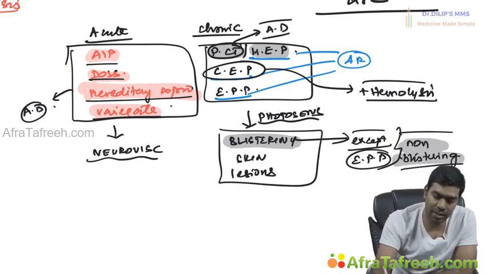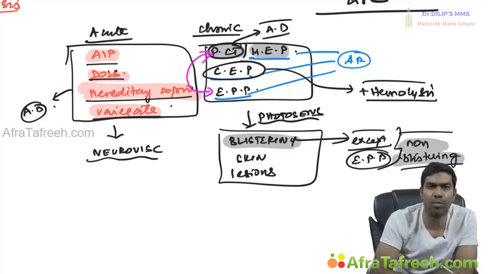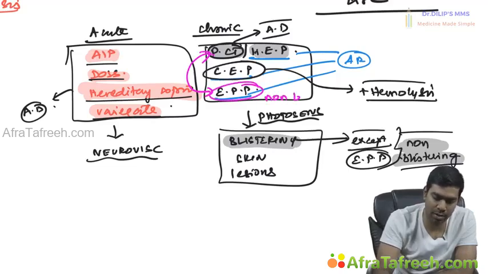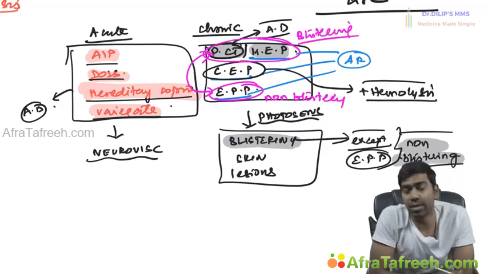But how will you differentiate PCT from EPP? By the fact that erythropoietic protoporphyria is non-blistering, and PCT and hepatoerythropoietic porphyria are blistering skin lesions in nature. So that's a very important point.